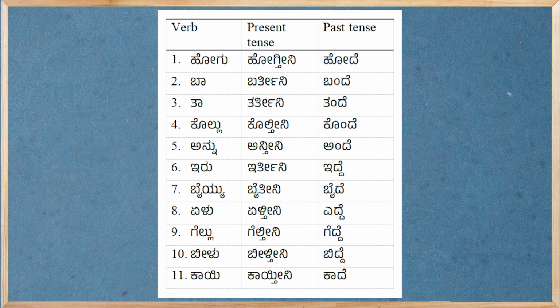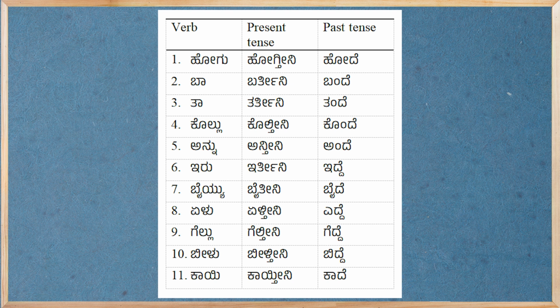The verb root iru becomes irtini in the present tense and idde in the past tense. The verb root bayu becomes baitini in the present tense and baide in the past tense. The verb root elu becomes ಹೇಳ್ತೀನಿ in the present tense and ಎದ್ದೆ in the past tense.